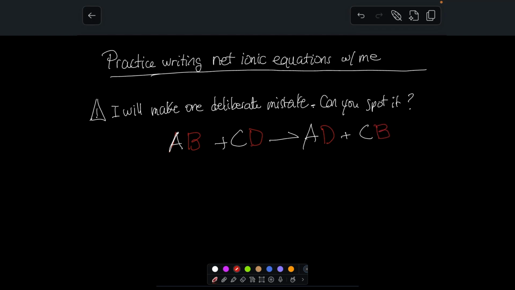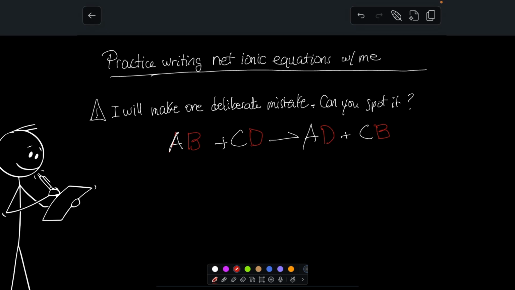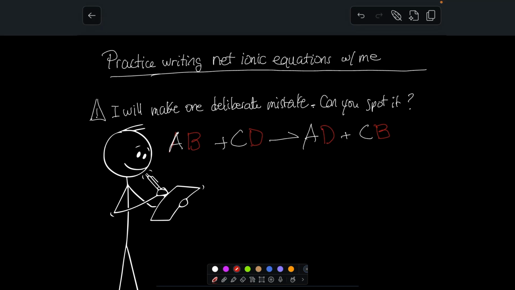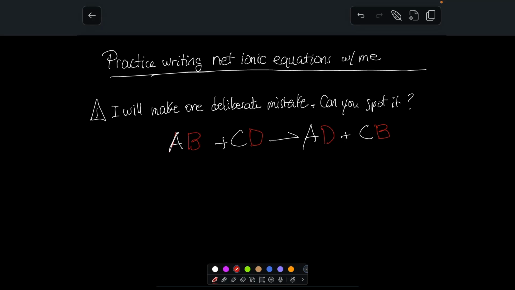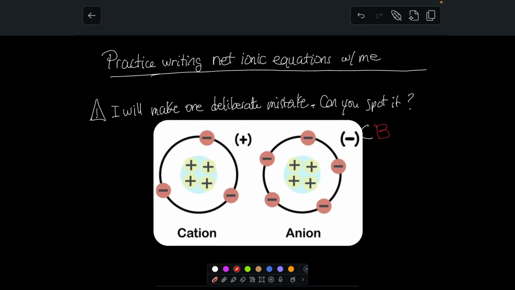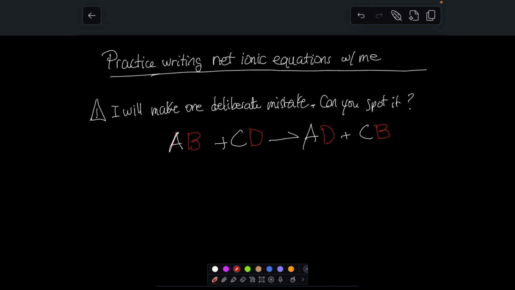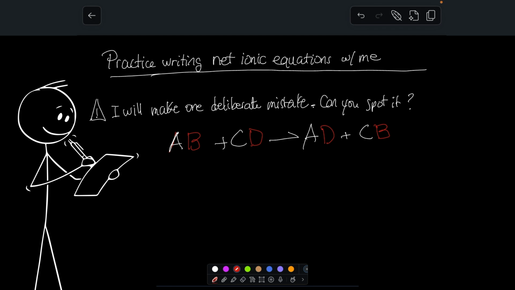And as you can see, the way that they exchange partners, so to speak, is, just like in single replacement, the element of the same kind is going to switch partners, right? So you always want to have a negative anion with a positive cation.